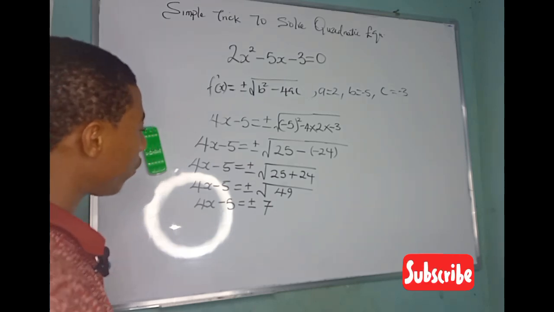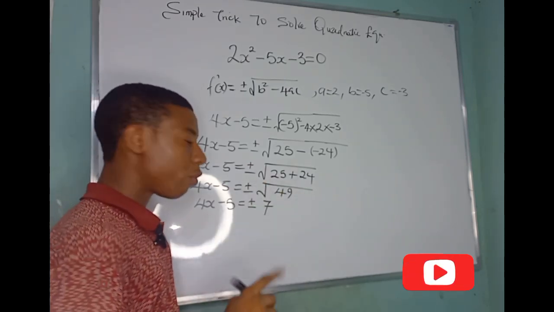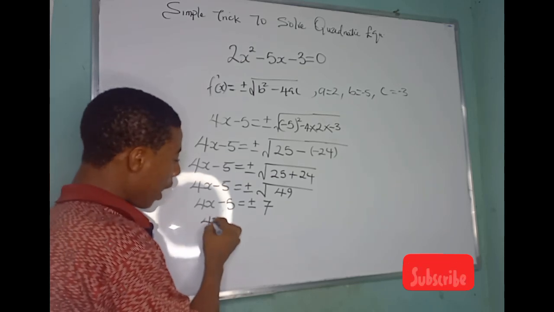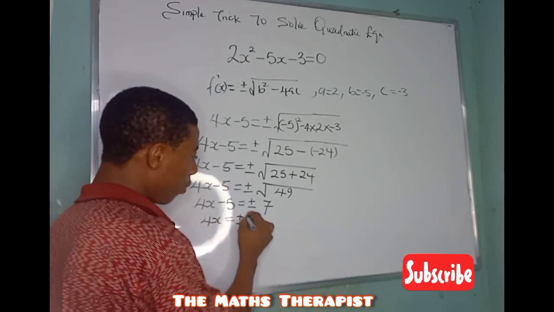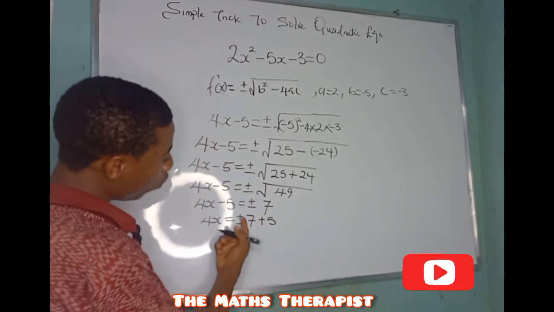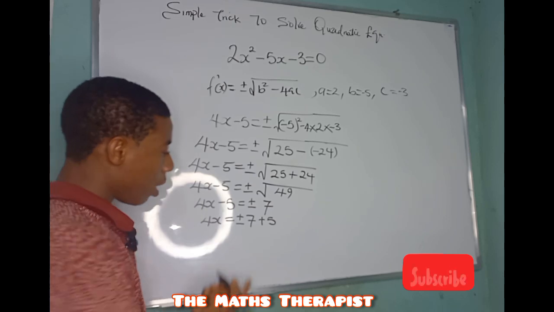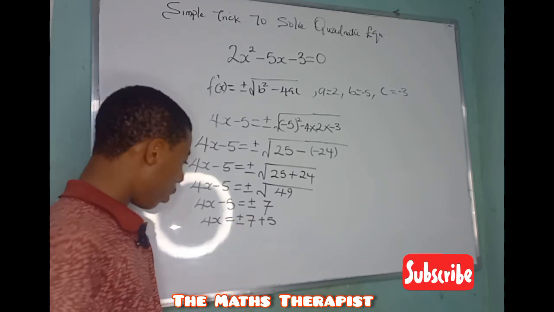So what do we do next? I can simply take this minus 5 to my right hand side, and it turns to plus 5. We have 4x equals plus or minus 7 plus 5. You see that there are two signs here, plus and minus, so I'm simply going to take the positive sign and also the negative sign.